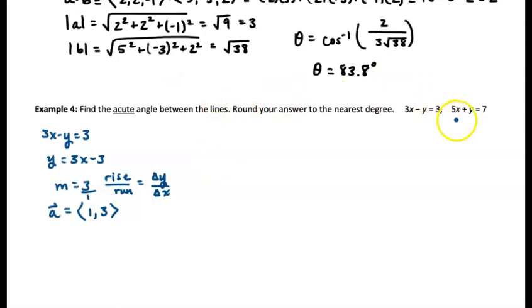So now let's do the same thing for the second equation. 5x plus y is equal to 7. By subtracting 5x from both sides, we get that y equals negative 5x plus 7. And so our slope is negative 5, or negative 5 over 1.